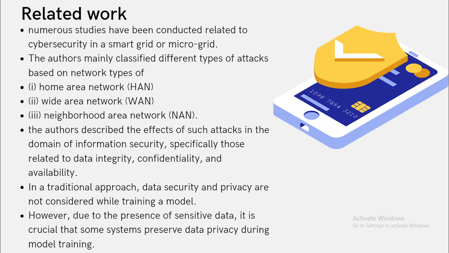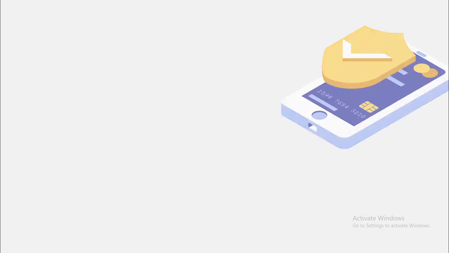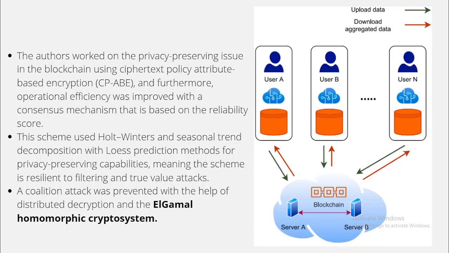The author described the effects of such attacks in the domain of information security, specifically those related to data integrity, confidentiality, and availability, which are the three important CIA. Then on to the next slide, the diagram is given about the users and number of users and the blockchain connected with the server.